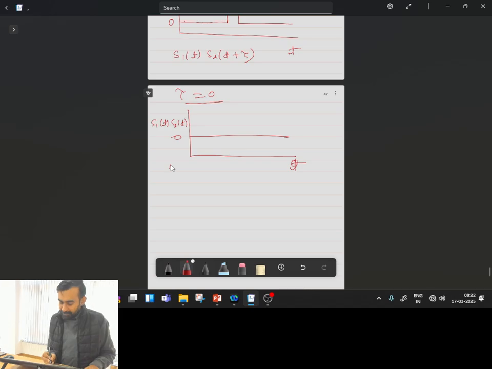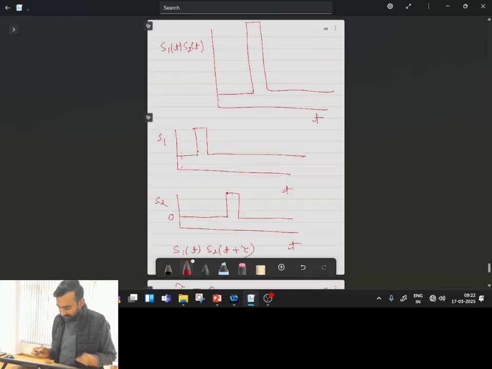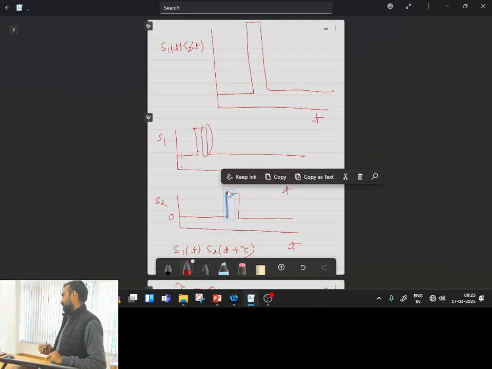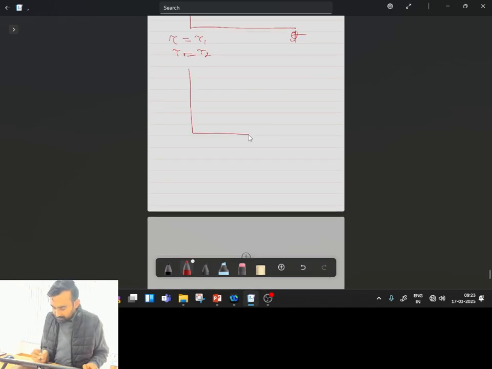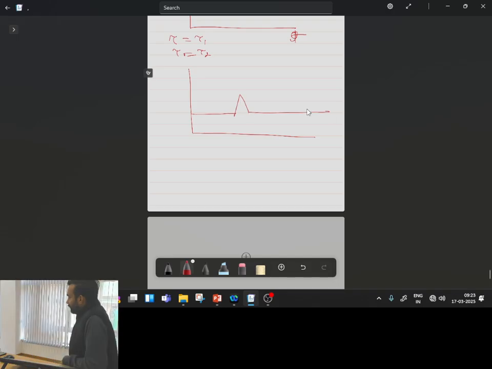Now if you keep on varying the value of tau, say some tau 1, tau 2, then what will happen? At some point of time we will see that part of this can overlap with part of this. Once these two parts overlap, I may find some small peak in the signal. Is this point clear?